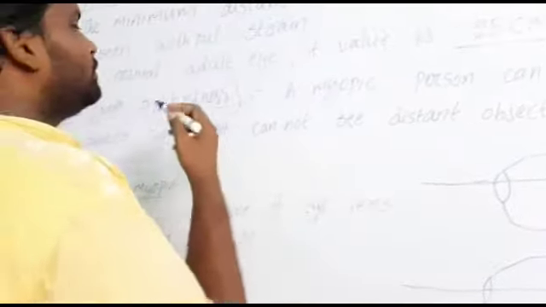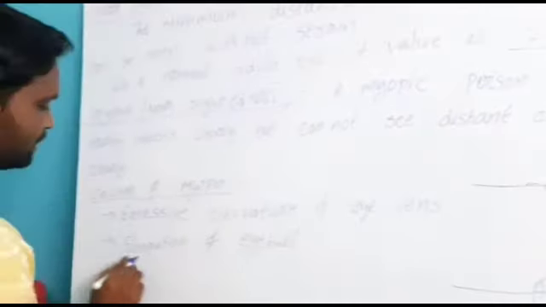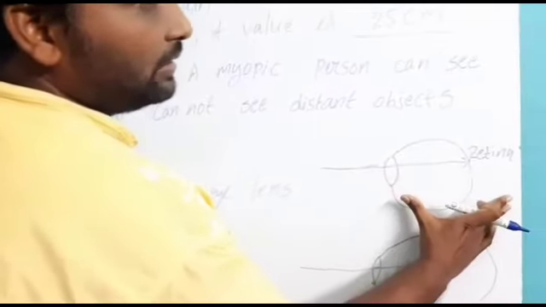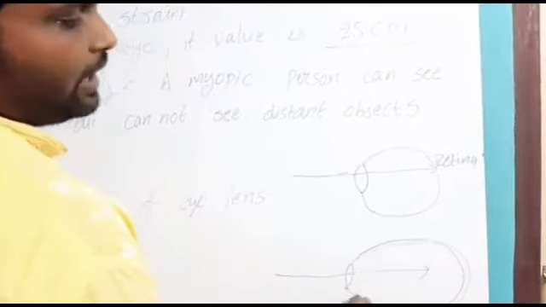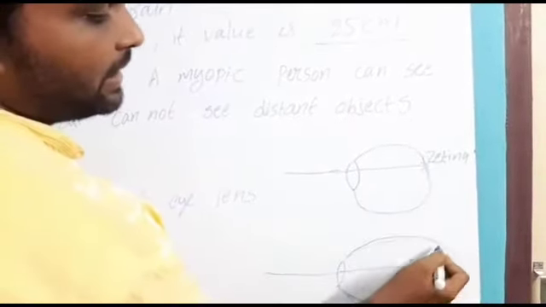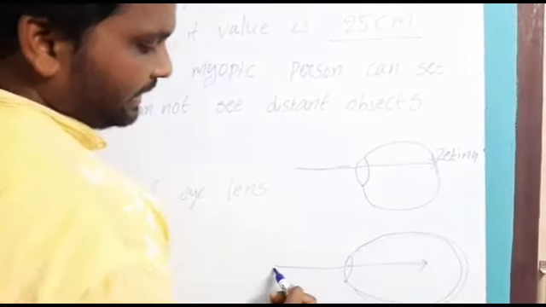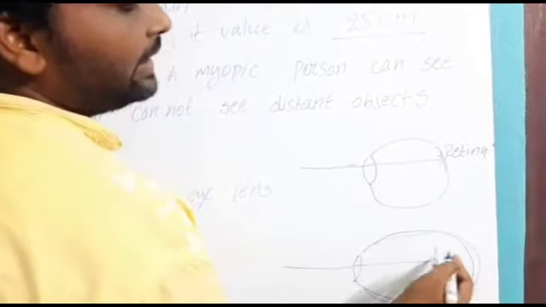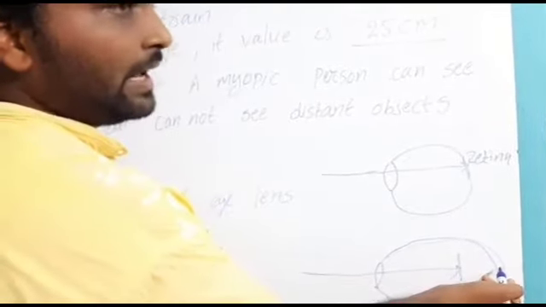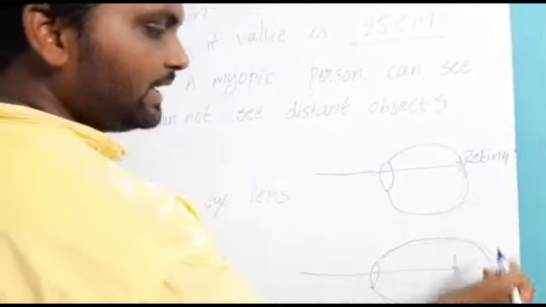But for those suffering with myopia, what happens? Elongation of the eyeball means the eyeball becomes long. See here, very long. The retina's place was here, but because of elongation, the retina went back. So when the light is reflected, it reaches only up to here. It does not reach the retina. Only when it reaches the retina can we see.